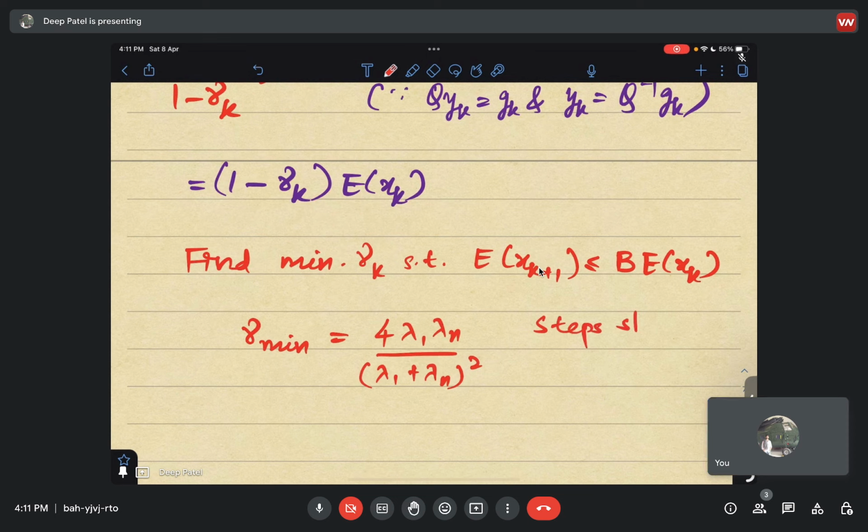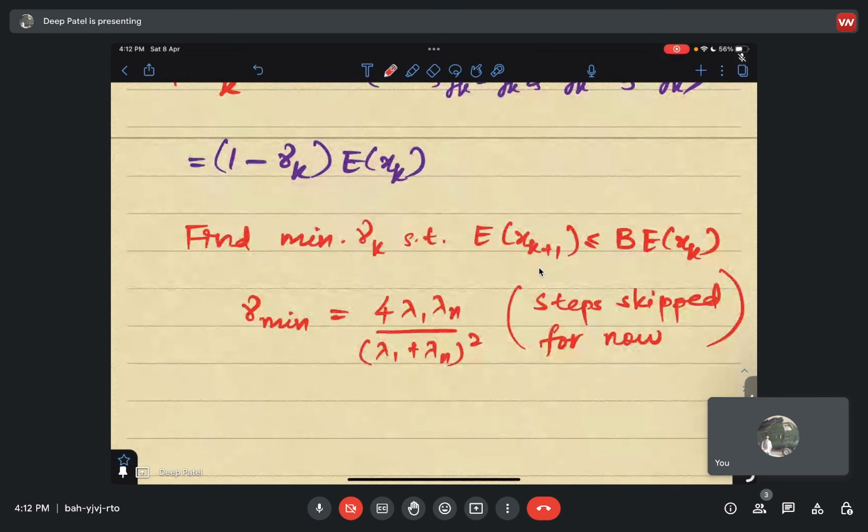So this involves the eigenvalues. Yes, so you'll have to use the properties of Q here. But you can do it by plain matrix calculus, right? That minimization.